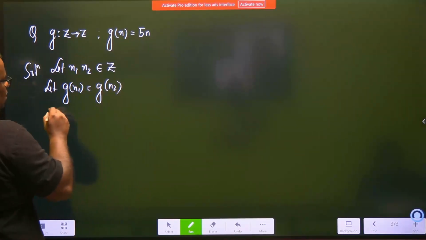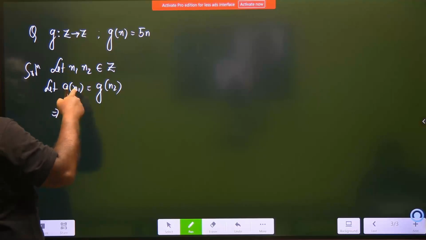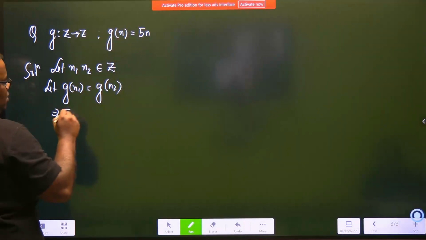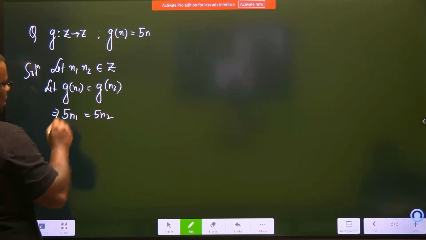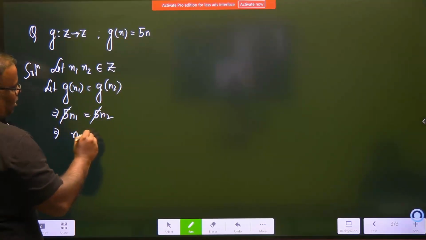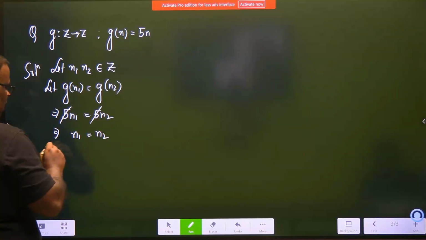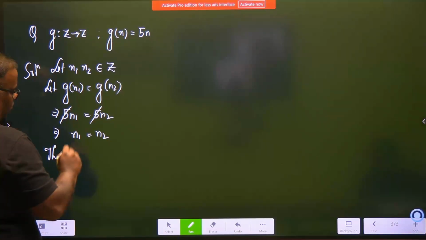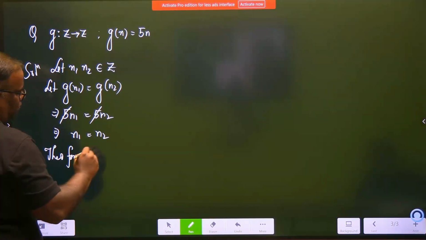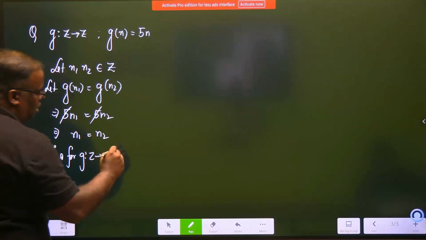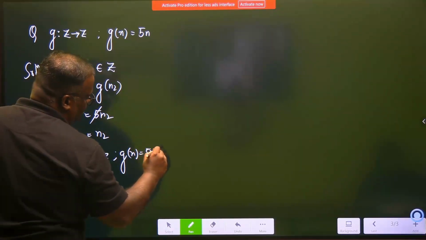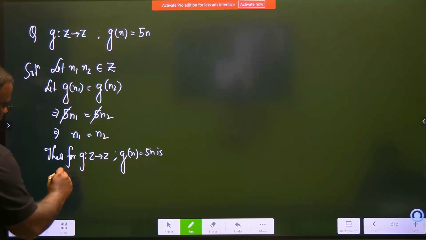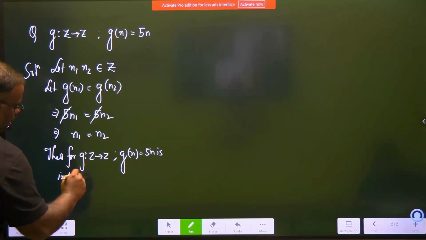Now what is the value of g of n? It is 5n. G of cat, 5 cat. So 5n1 is equal to 5n2. Hence n1 is equal to n2. Thus, for g as a function mapping from Z to Z, given by g of n is equal to 5n, is injective.